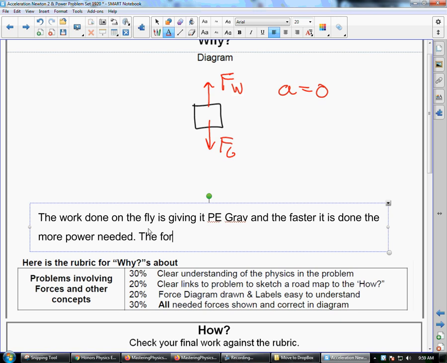The force of the wall does the work on the fly.